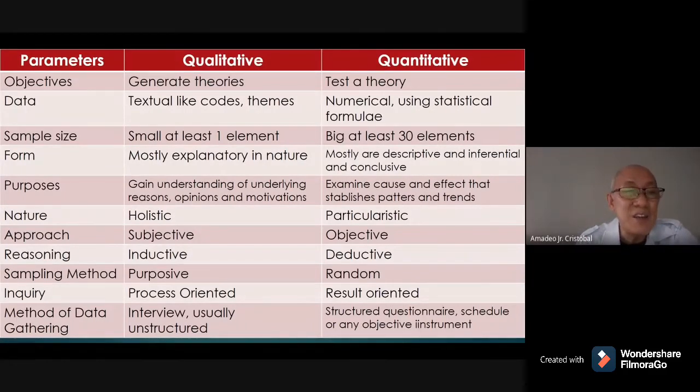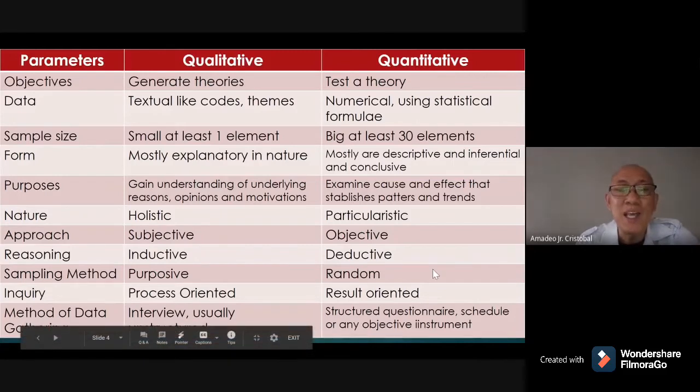The qualitative purpose is to gain understanding of underlying reasons, opinions, and motivation. So you usually solicit the opinions of your participants, or how they feel about a certain issue.